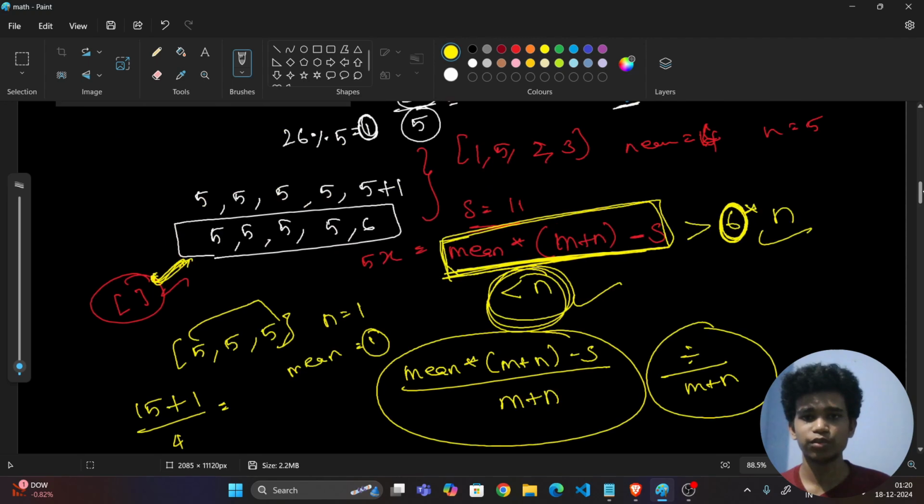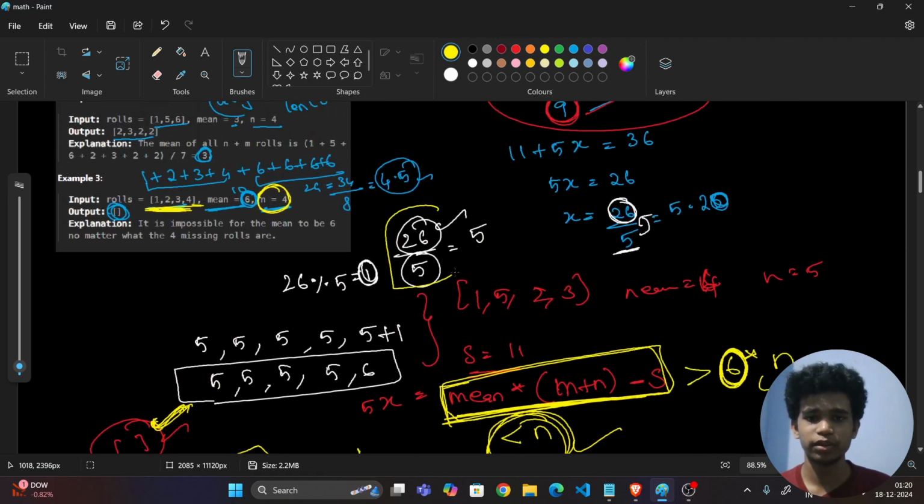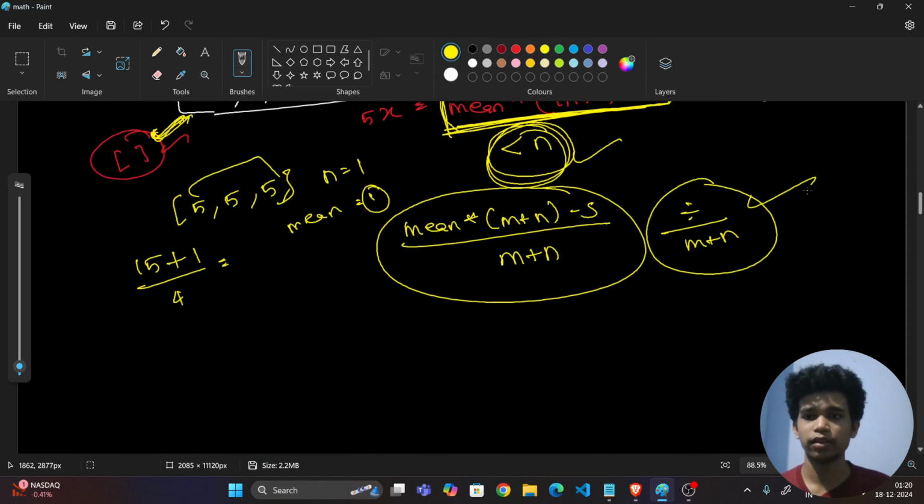Can you understand this? For this 26, we want to add 5, 5, 5, 5, and here it will be 5 plus 1, because the mod operation gives the remaining value 1. When I show you the coding part, it will be simpler.